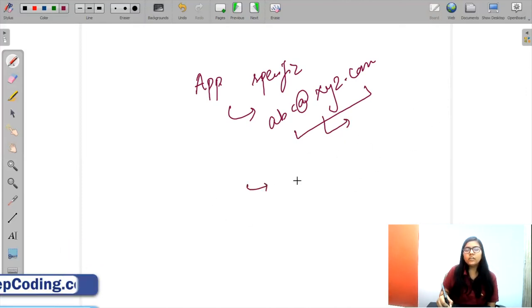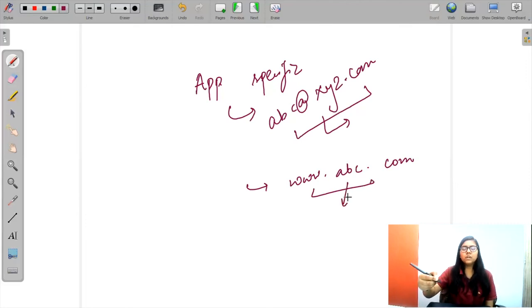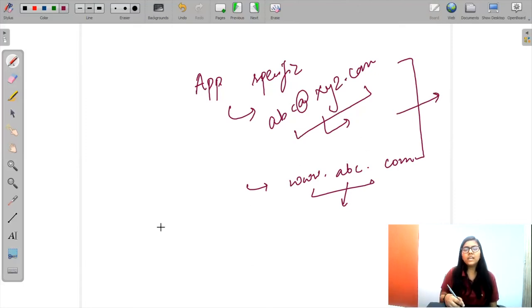Or if you write www.abc.com when you want to reach a particular web page, at that time you are mentioning an address. So these are the application specific addresses.